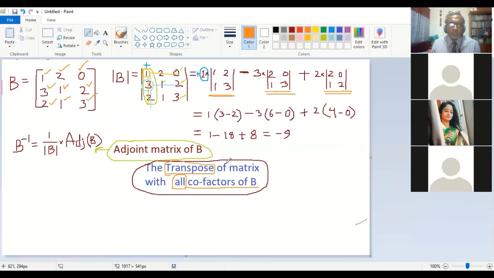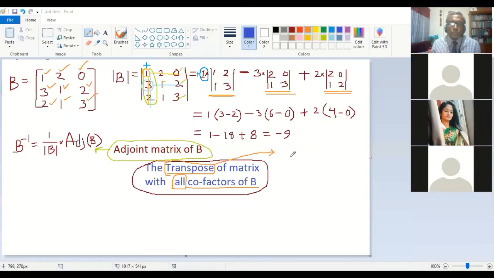Transpose is very easy. If you have any matrix, you can just write it down in a different way. That means rows become columns and columns become rows. Say one matrix is B, which is already given, and we want to write B transpose.